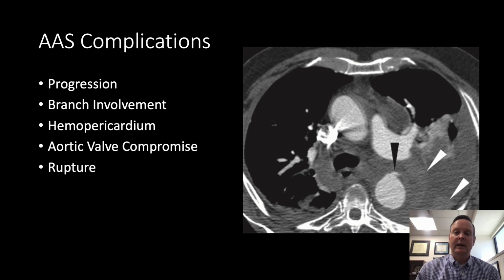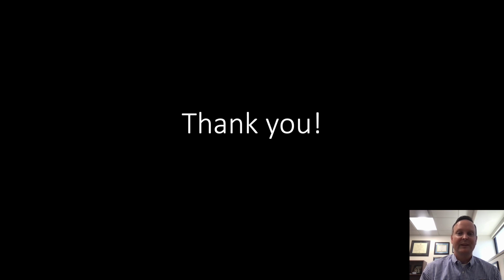And this is actually an active rupture of the aorta in the setting of acute aortic syndrome, and this is a life-threatening event. So that is the tour of thoracic aortic imaging as far as basics for an introduction, and thank you very much.